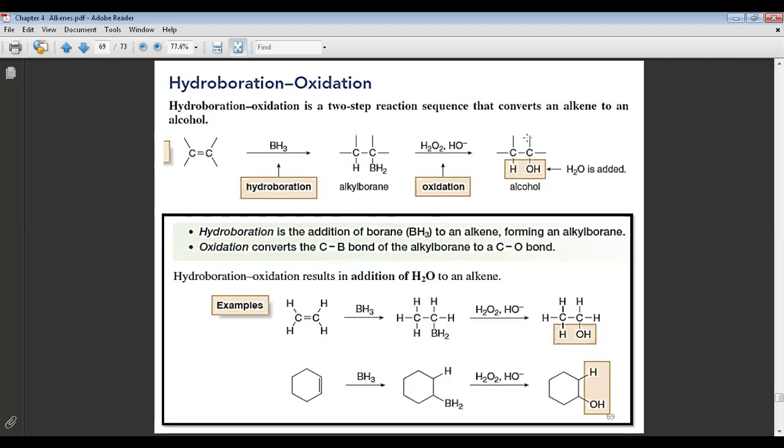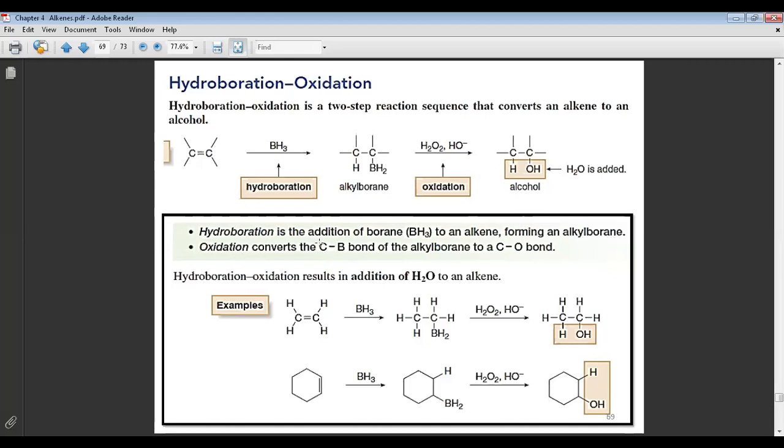Now, the second step is the oxidation. It converts the BH2 to the OH by using hydrogen peroxide with a base. Also, he gives you here that hydroboration is the addition of the boron BH3 to an alkene, forming alkyl boron.